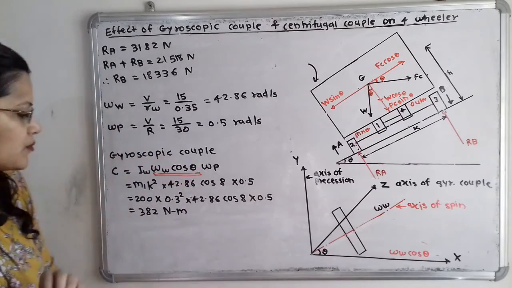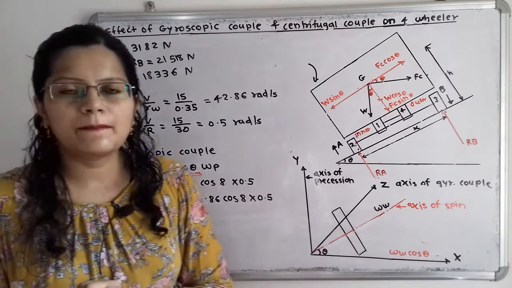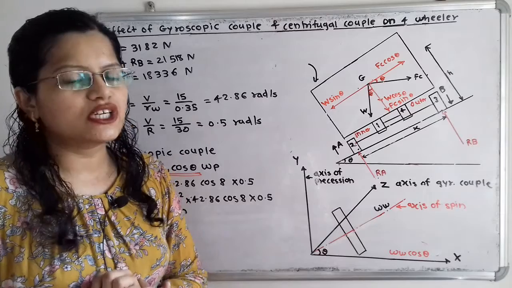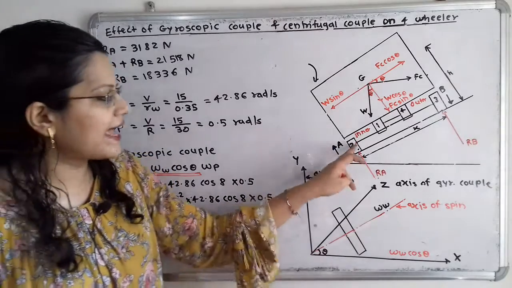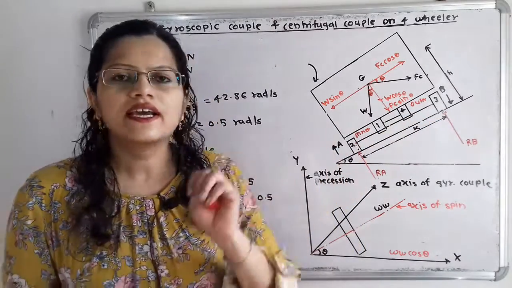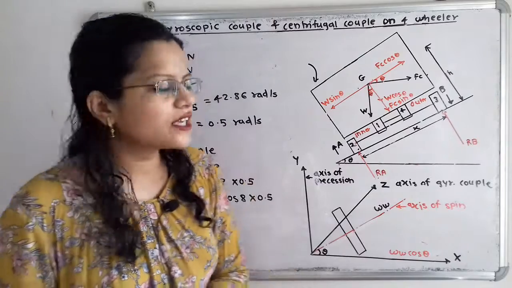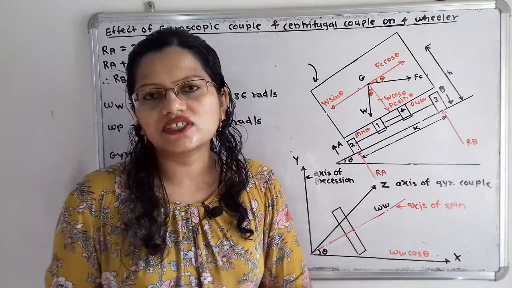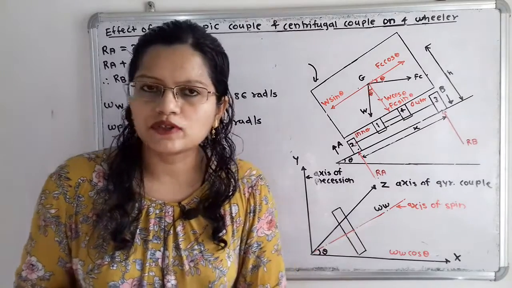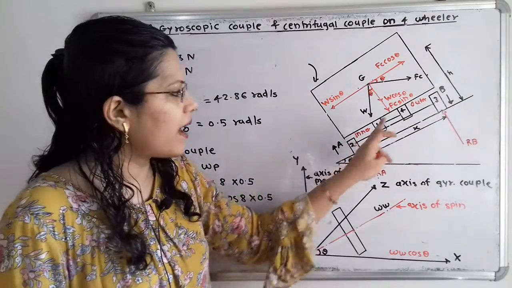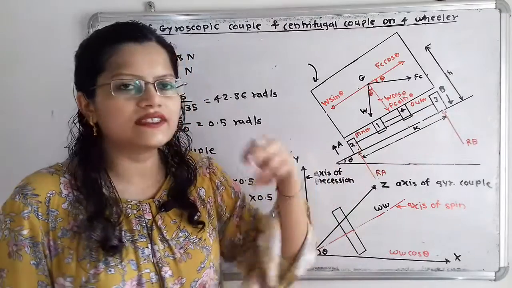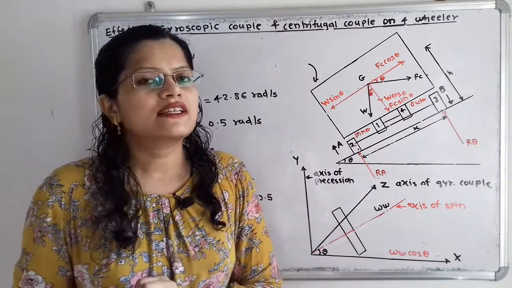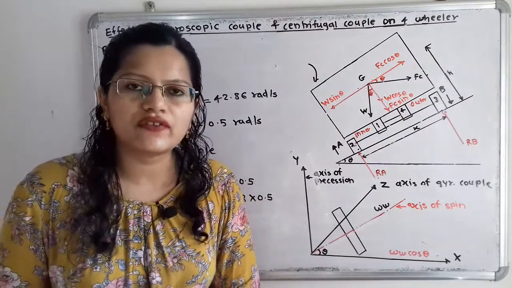Now what is the mass moment of inertia of the wheel? If we observe the question here, the mass of this axle with these two wheels is given, and that is equal to 200 kilogram, and the radius of gyration is also given. Suppose we consider the mass of this axle with these two wheels and the radius of gyration, then how to calculate the mass moment of inertia?